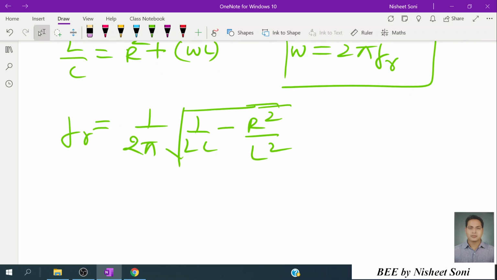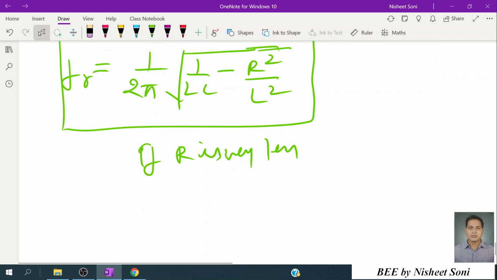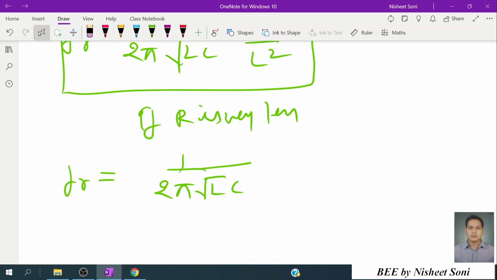So this is the resonating frequency under parallel resonance condition. And if R is very small, we'll get the same condition as we obtained in series resonance, that fr will be 1 upon 2 pi under root LC.